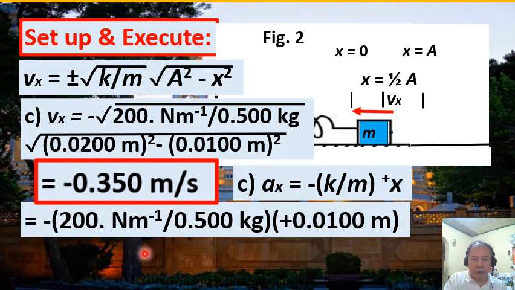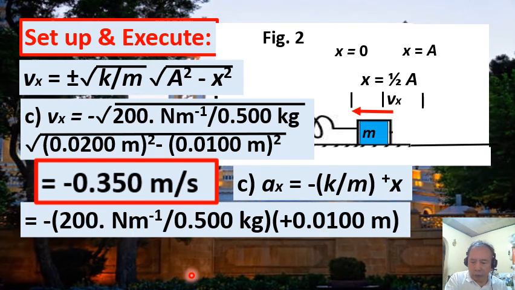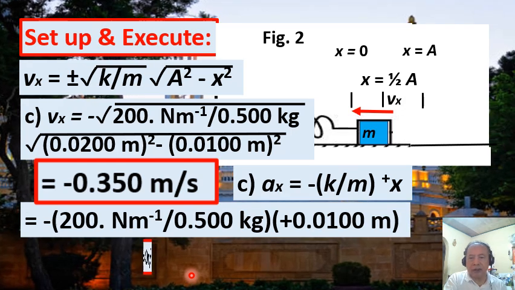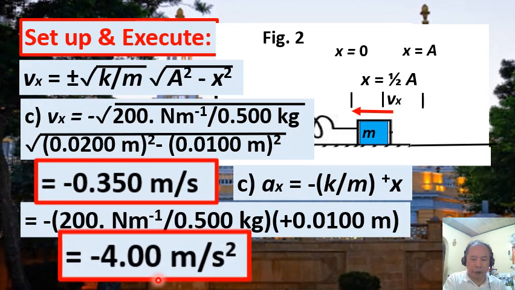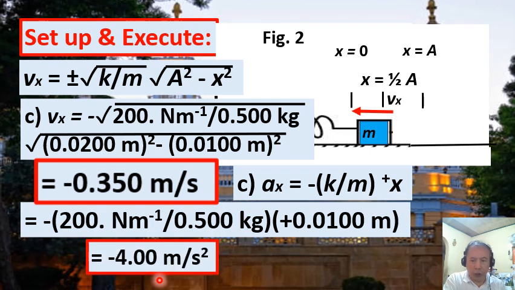So again, when we do our math, we find the instantaneous acceleration ax equals negative 4.00 meter per second squared.